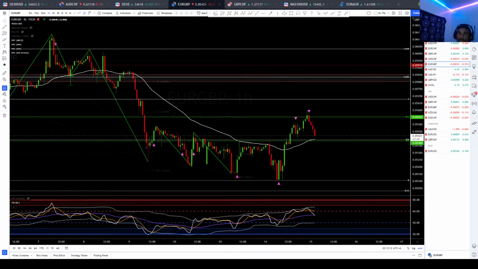Okay, where did we leave off? USD ZAR. Interesting level. I would definitely want to see this come up higher into this shaded crab pattern. This definitely looks way more attractive.